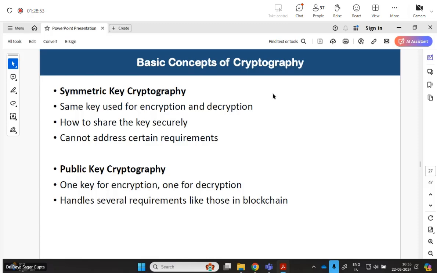If you want to send some message to a friend and the message is confidential, you will hide this message and send it so that in between the communication, no attacker is able to see this message. So how are we doing this? We are doing this with encryption.